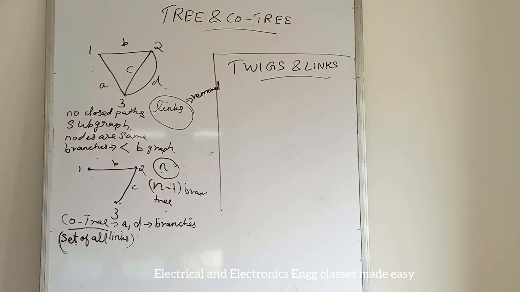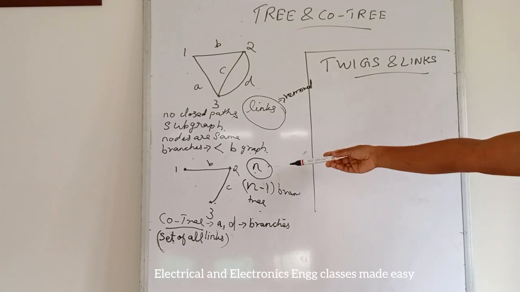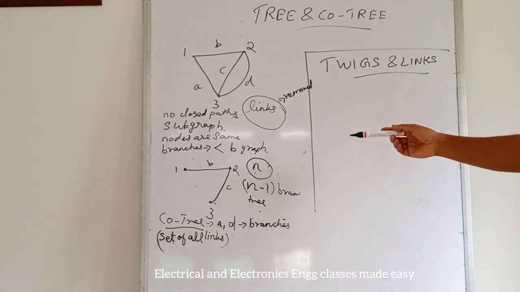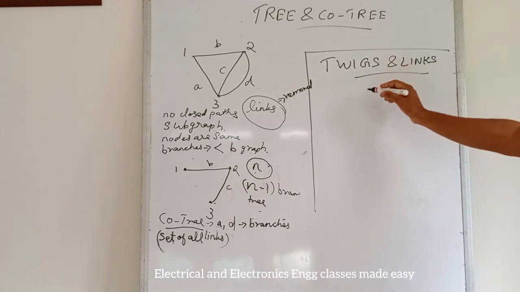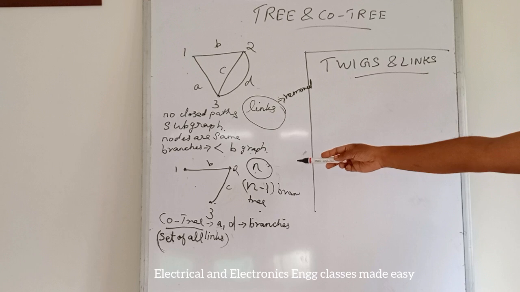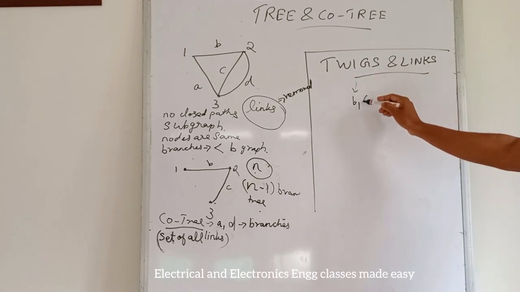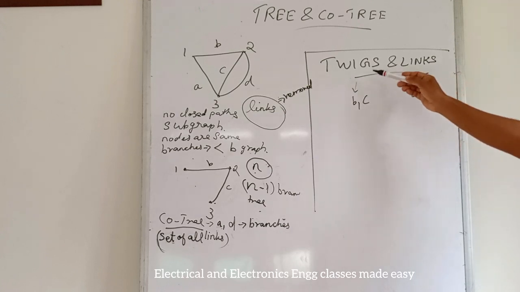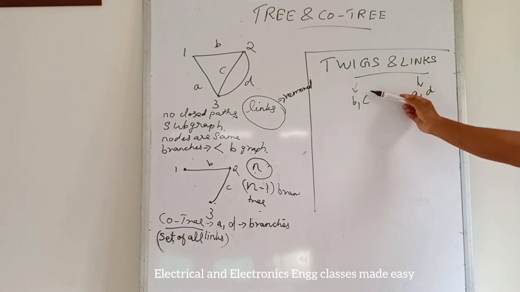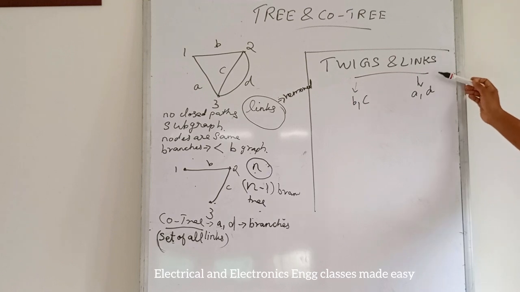Then next is the difference between twigs and links. Link means the removed branches of a tree, and the branches of a tree are called twigs. So, in that case, the branches are B and C, and links are A and D. The branches of a tree are called its twigs, and removed branches are called links.